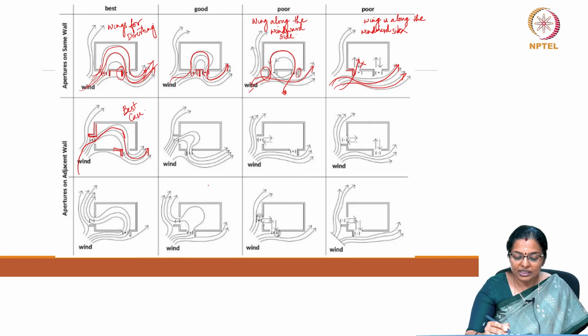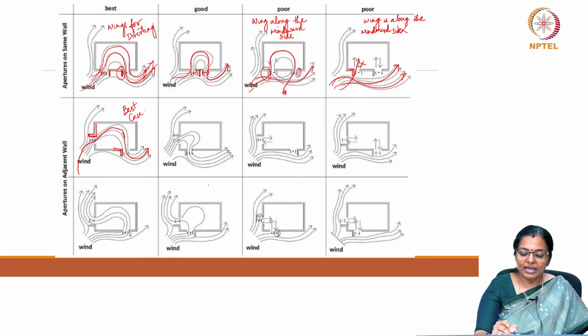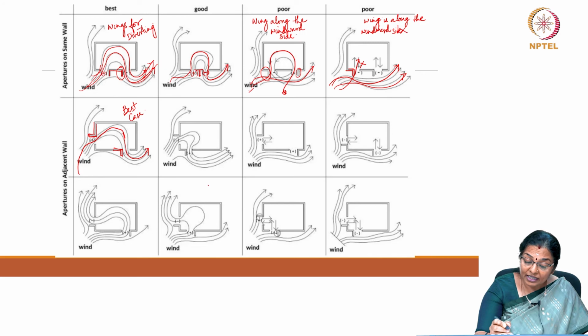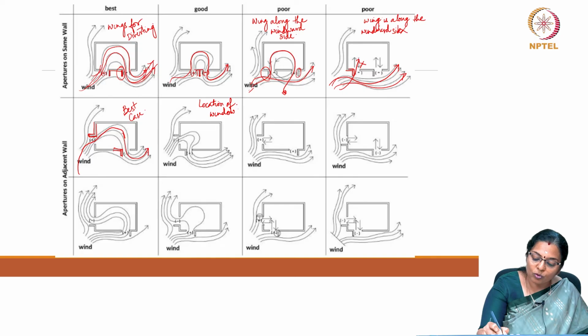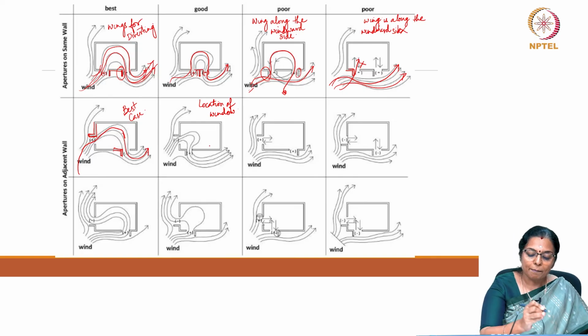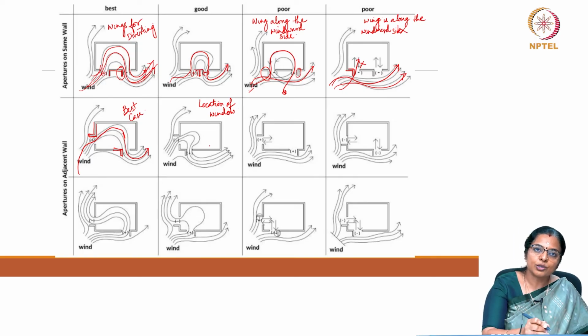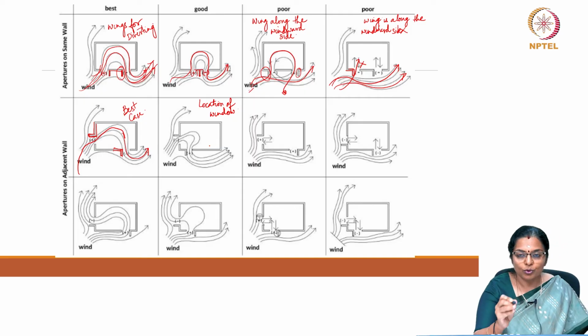And if you see a slightly better case, what can be called good, it goes from best to good only because of the location of the windows. Only that difference in the location of the window makes a situation go from best to good.